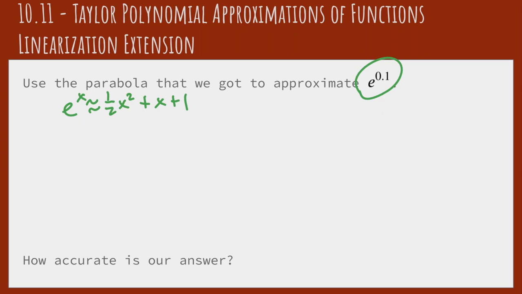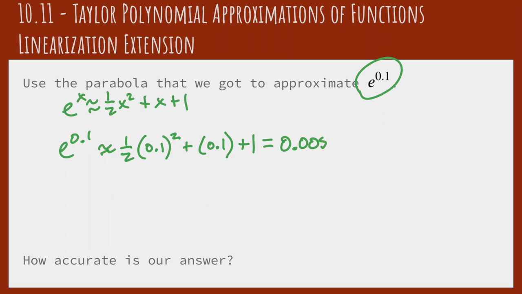So in order to approximate this, e to the 0.1 is going to be approximately equal to 1/2 times 0.1 squared plus 0.1 plus 1. 0.1 squared is 0.01 or 1/100th, and 1/2 of that is going to be, so 0.01 divided by 2 is 0.005, plus 0.1 plus 1 gives us 1.105.